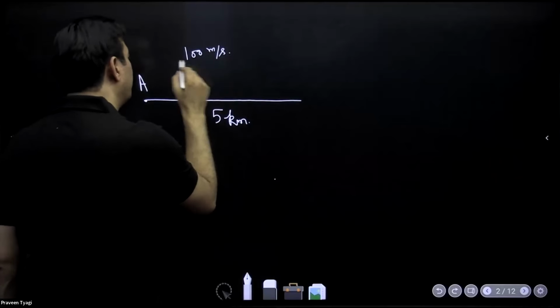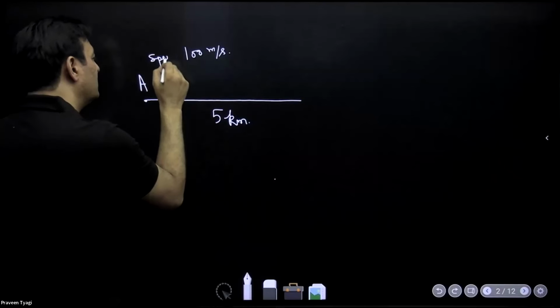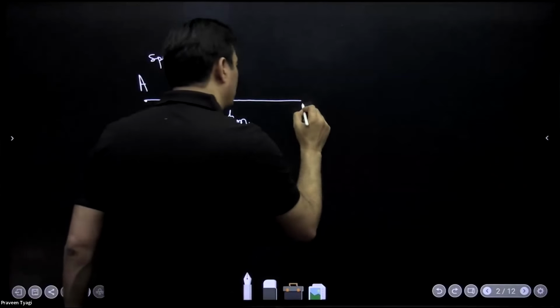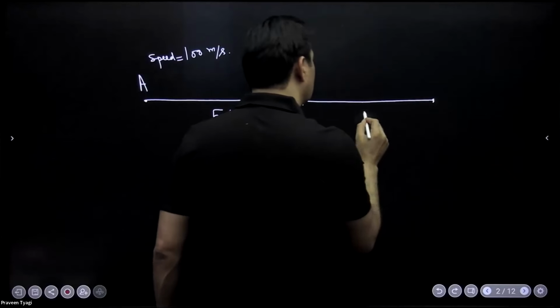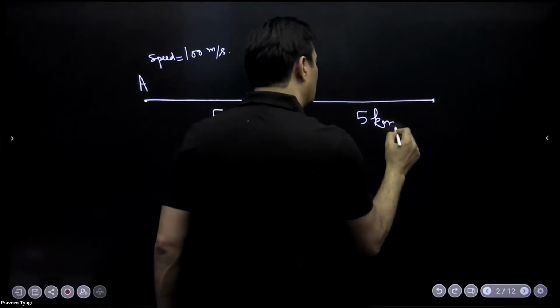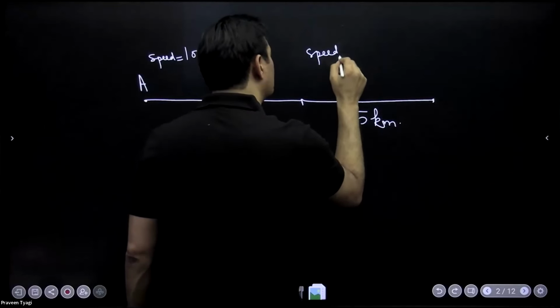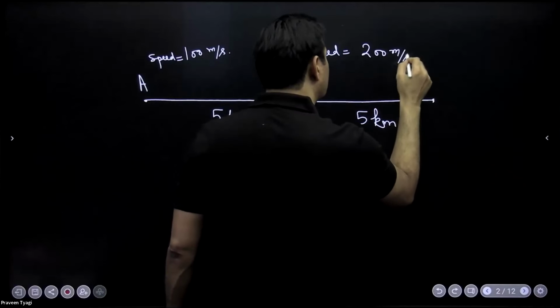I have a constant speed here. Speed is 100 meters per second for 5 kilometers. Then I moved another 5 kilometers with a speed of, my speed changed, 200 meters per second.